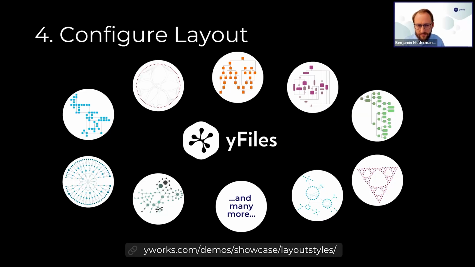As I already said, the hierarchic layout is not the only possibility. There are many other layout styles which you can use to visualize your connected data. If you're interested in finding out what kind of layout styles there are, you could have a look at our demos about the layout styles.